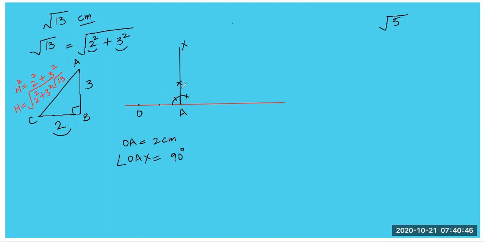This is 1 centimeter, this is 2 centimeter, and this is 3 centimeter. Let's say this point is B. So this distance AB is equal to 3 centimeter, right?